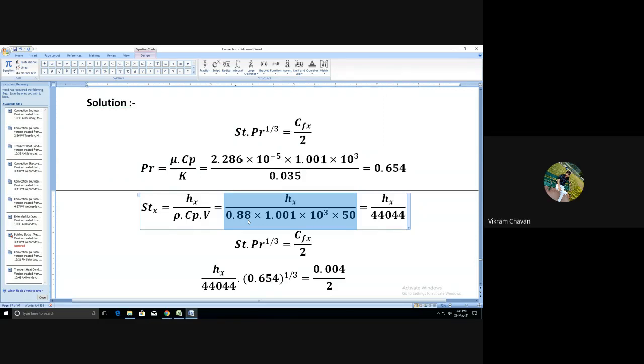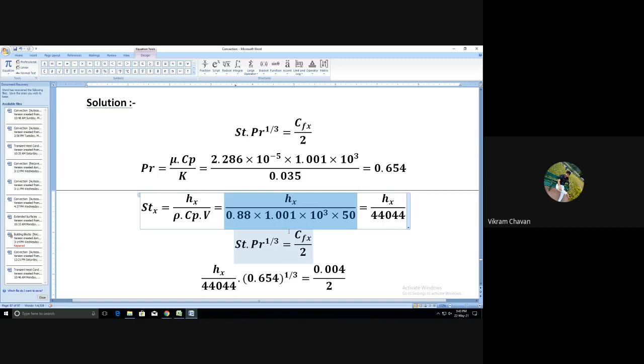Multiply by the velocity of air, which is provided as 50 meter per second. So we will get the Stanton number as Hx divided by 44044.